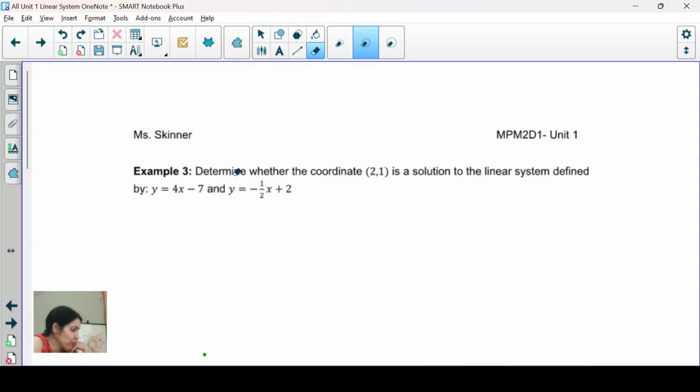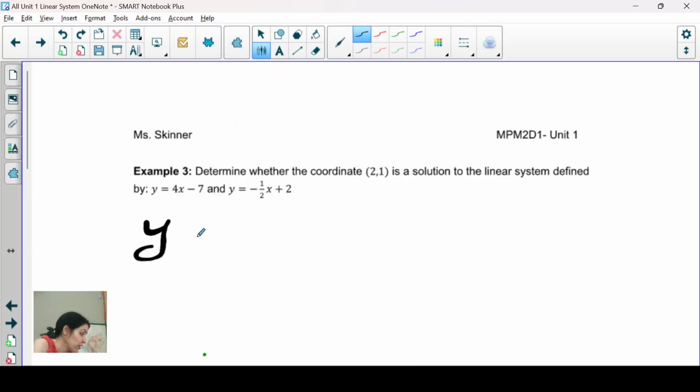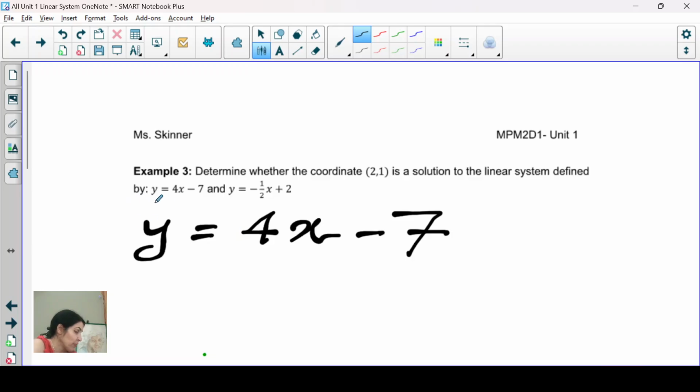Example 3. Determine whether the coordinate (2, 1), x = 2, y = 1, is a solution of the linear system defined by this. If this is a solution, and you plug it into each of the equations, it should work. So I'm going to write the equation again. y equals 4x minus 7. This is the first equation.